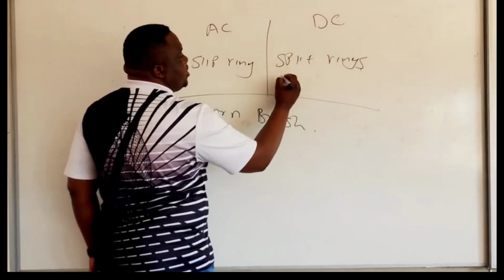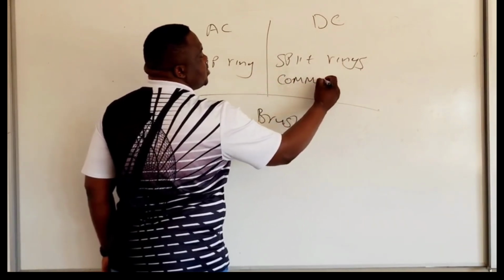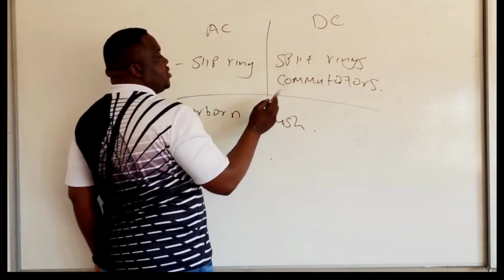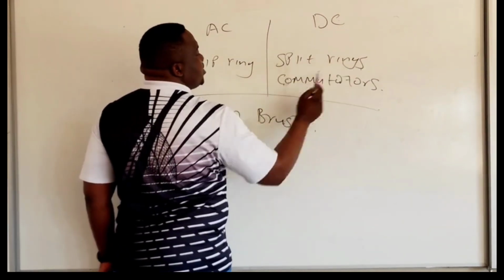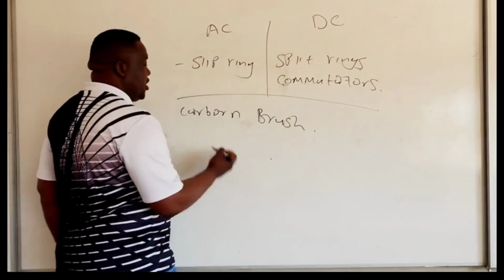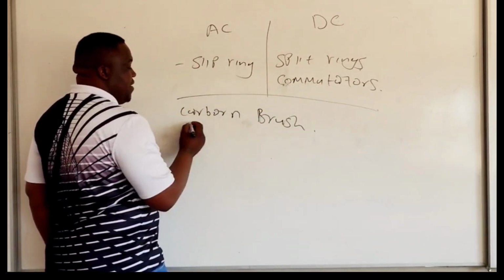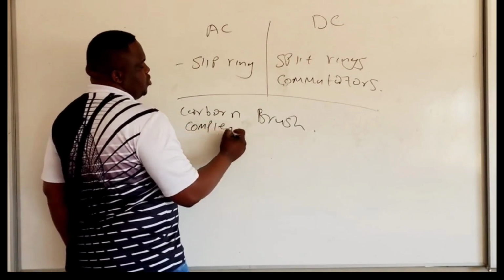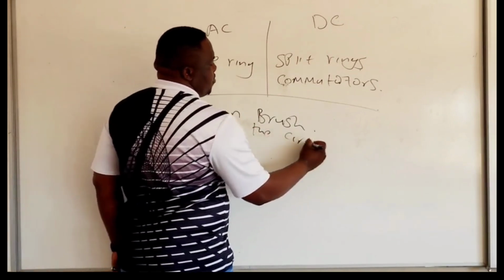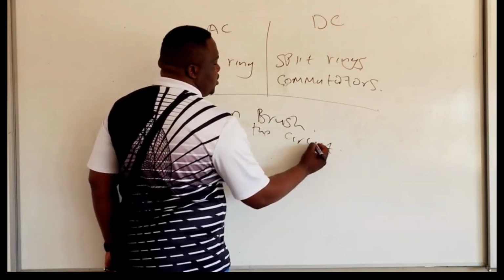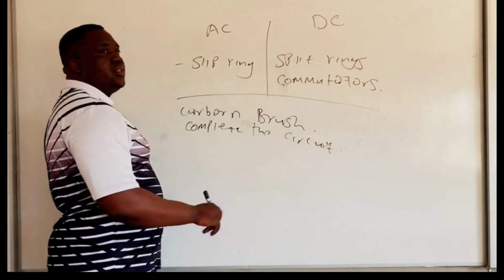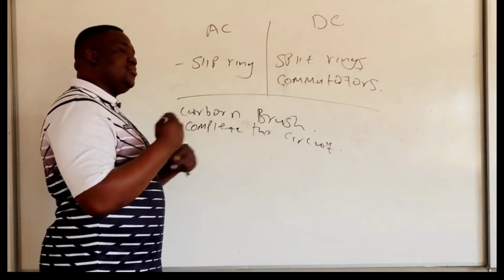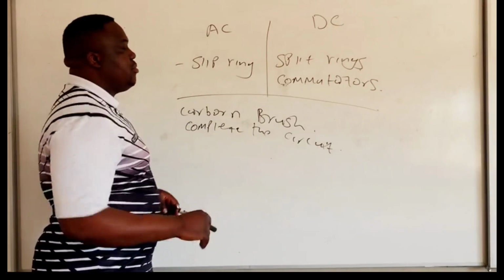Sometimes you'll find that the DC split rings are called commutators, so don't be surprised when you find that they call them commutators. Carbon brush, and we say their function is to do what? Is to complete the circuit, which is to cause a current to be derived from the rotating part of the circuit to the stationary part of the circuit.